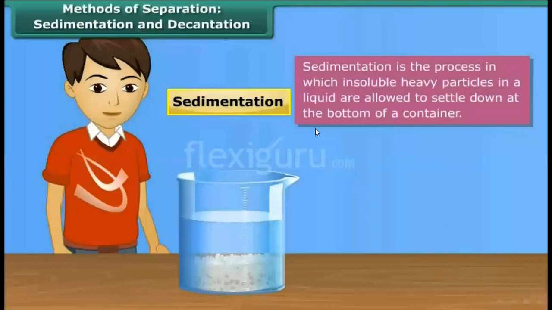Method of separation: sedimentation and decantation. Sedimentation is a process in which insoluble heavy particles like rice or sand in a liquid are allowed to settle down at the bottom of a container. So this process is called sedimentation, and then the liquid is poured into another container carefully.